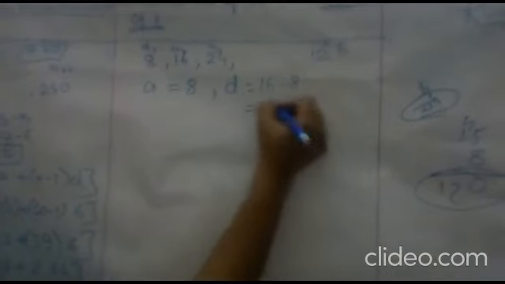Our 15th is 15 into 8. What do we get? 120. So A15 is our 120. This is A3, A2 and A1. Now what is our a? a is our 8. What is our d? 16 minus 8. How many? 8.